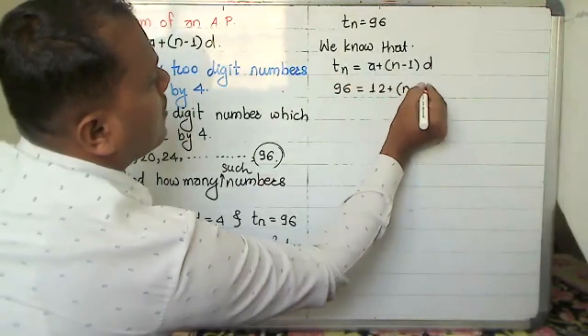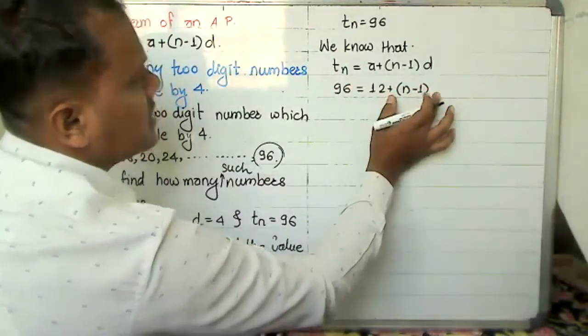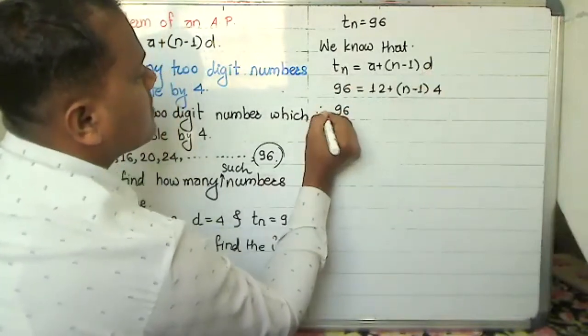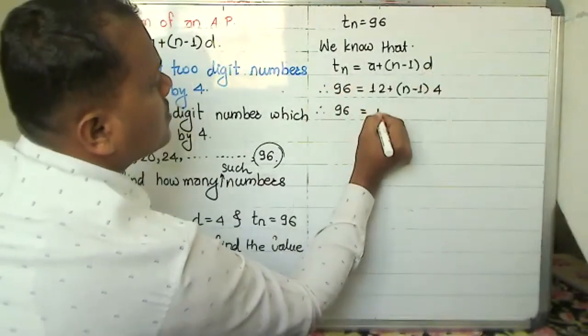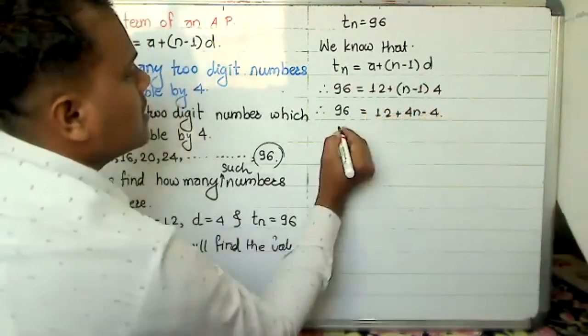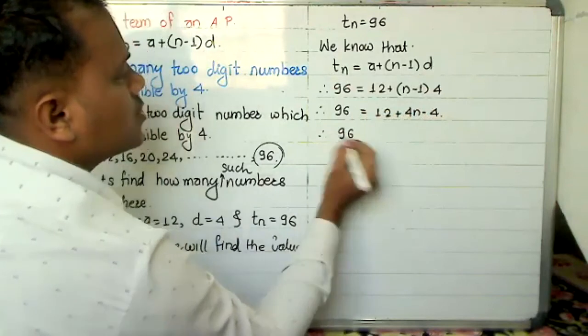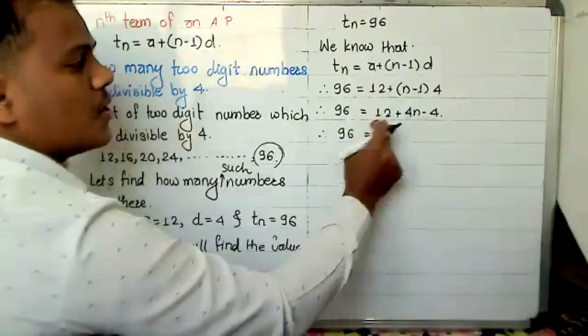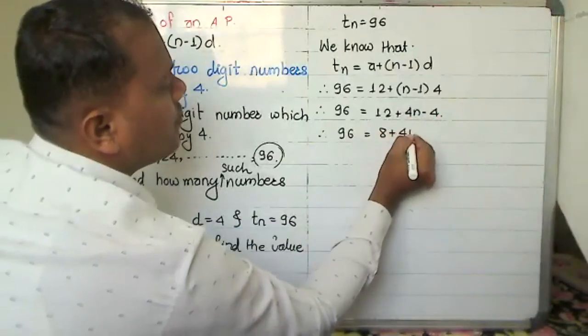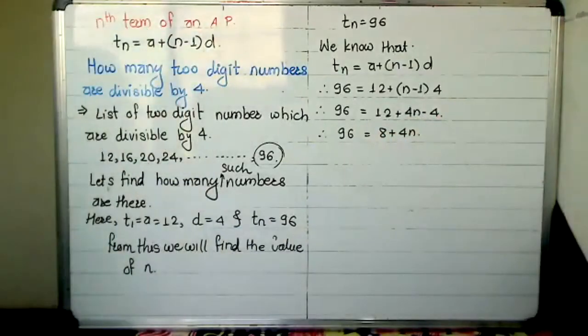I don't know the value of n, so keep it as it is. The value of d is 4. So 96 is equal to 12 plus 4n minus 4. So 96 is equal to 12 minus 4, which is 8, plus 4n.